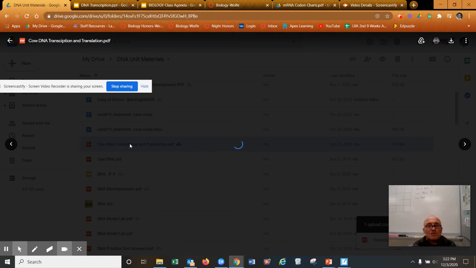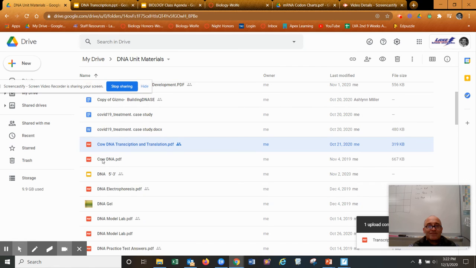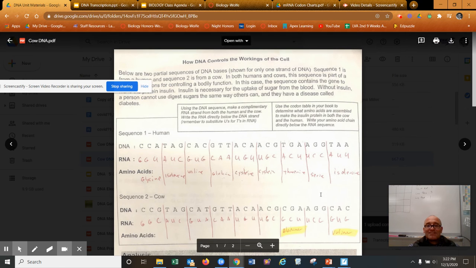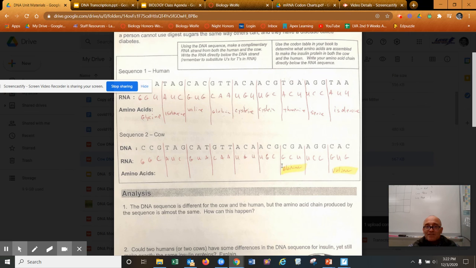All right, so there you go. Those are the answers if you want to practice it and check and see if you're doing it right. All these ones that I didn't fill in down here are the same as the human. These are the same thing down here: glycine, isoleucine, valine, etc. These are the two that are different from the human that I highlighted.